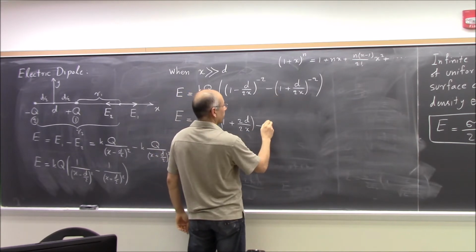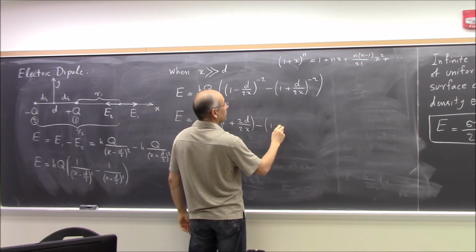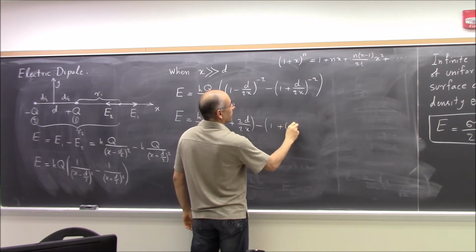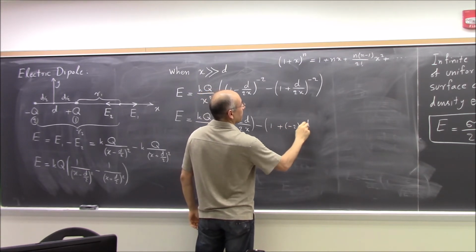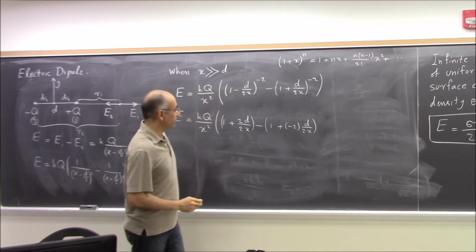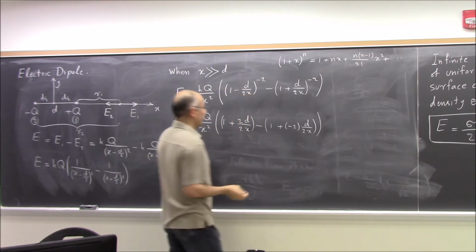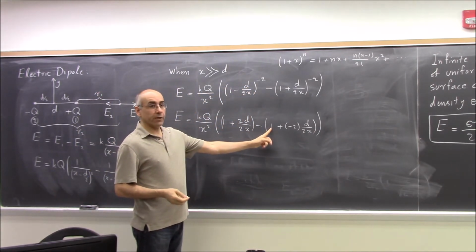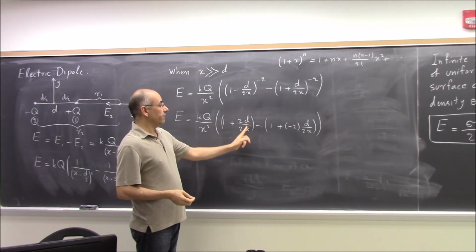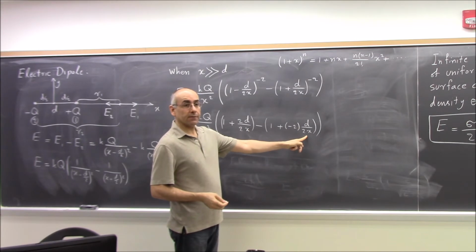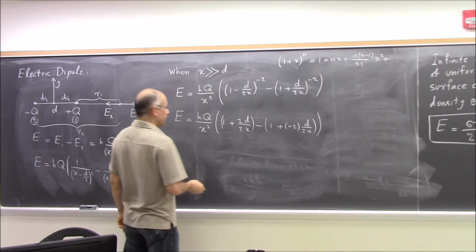Minus, for this one, will be 1 plus negative 2 times d over 2x. And I ignore the other terms, because these are the leading terms. Now see, this 1 and 1 cancel each other. You have d over x here, plus d over x. We get 2d over x.